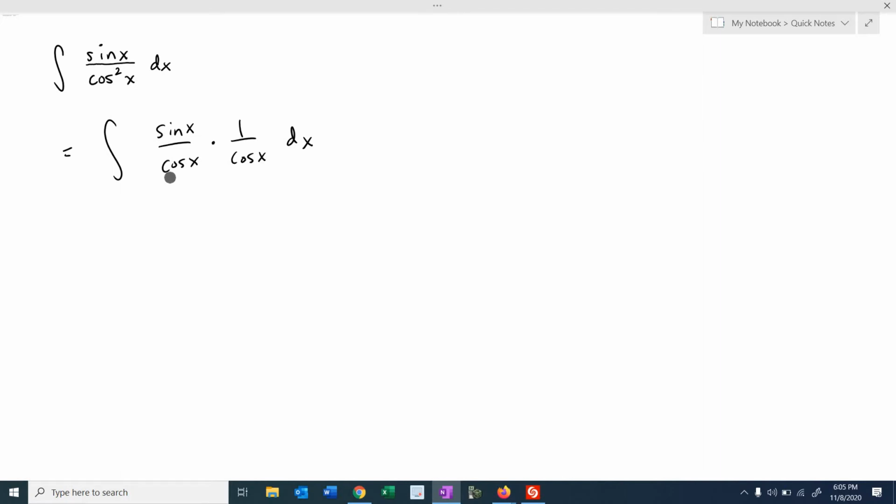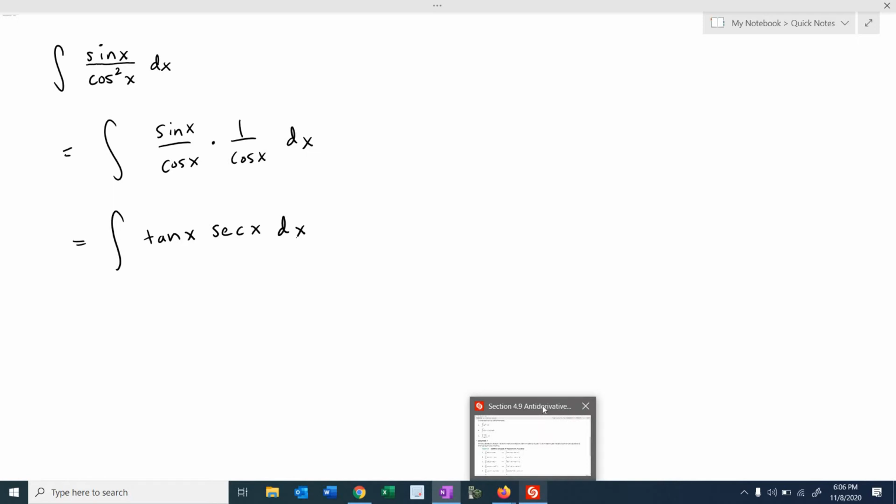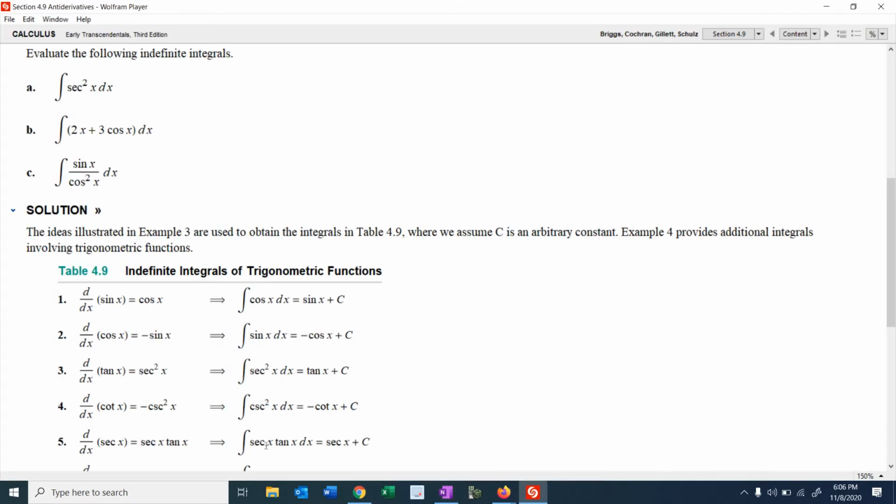Okay, so sine of x over cosine of x is actually tangent of x. And then 1 over cosine of x is secant of x. Now, if you go back to table 4.9, the antiderivative of secant times tangent is secant plus a constant.